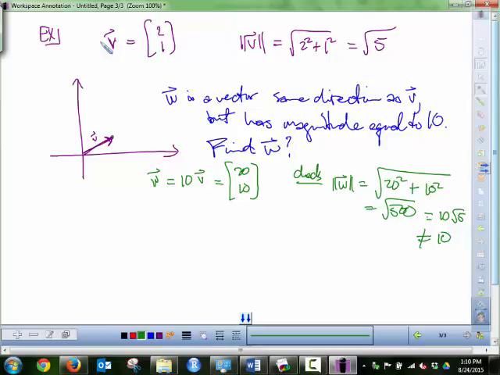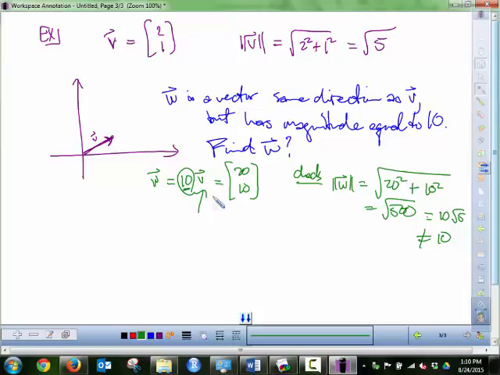So the idea of multiplying something by 10 sounds good, but it didn't work. So what is special about multiplying something by the number that we want it to be scaled to? What has to be special about that vector?